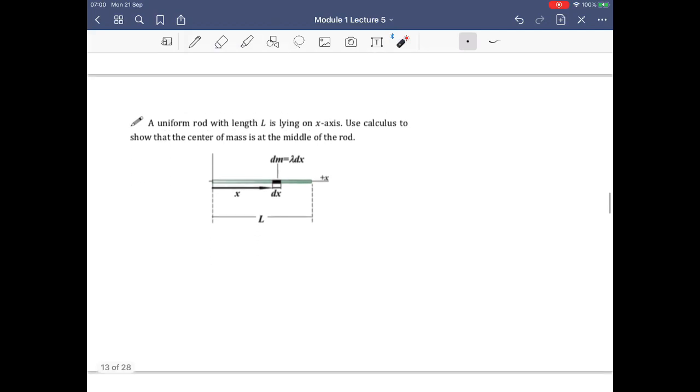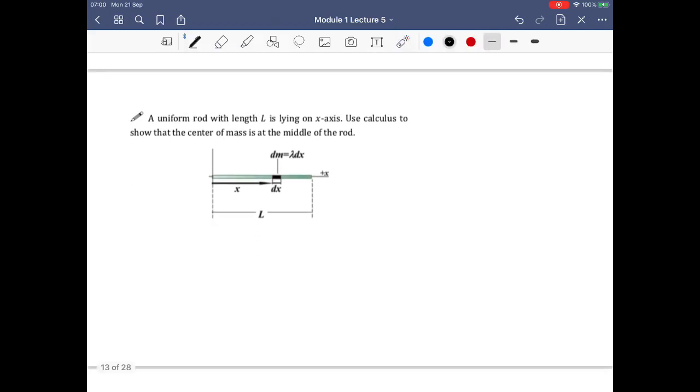Now, let us see how to use this in action by trying to work out this example. This example asks you to find the center of mass of this rod, which is at the middle of the rod. So how to do it? Because this rod is in the x direction, x_cm in this case must be equal to the integral of x dm over the whole mass.